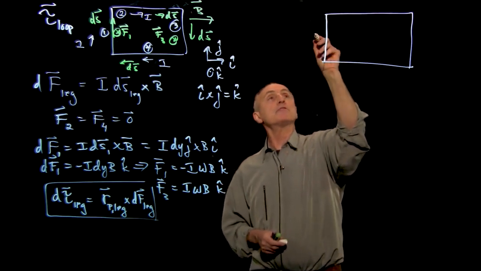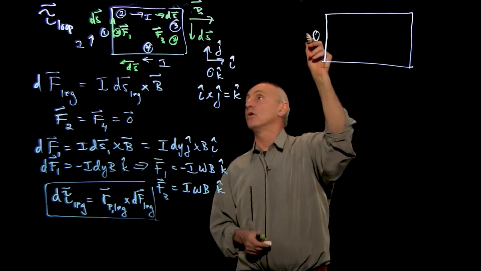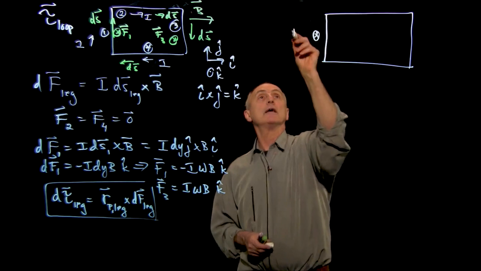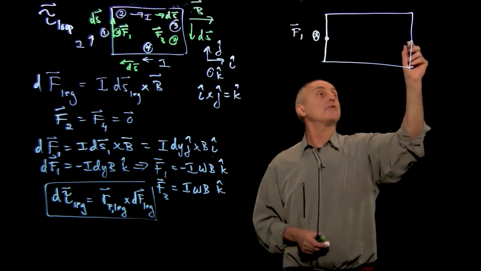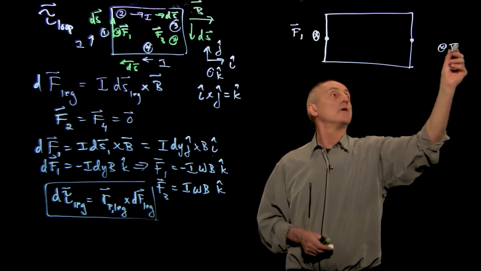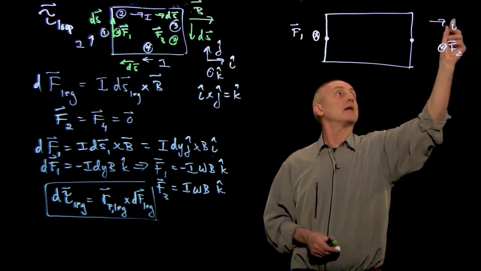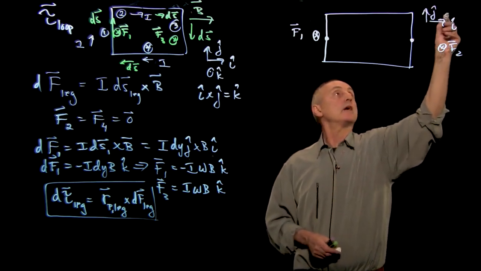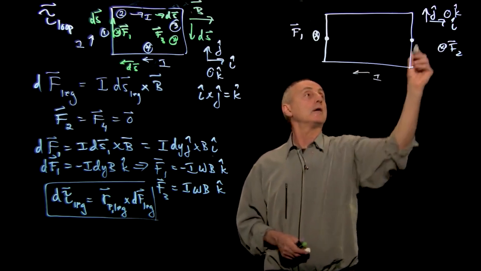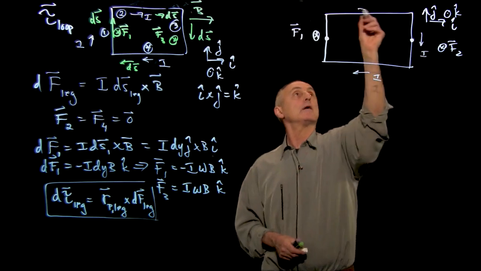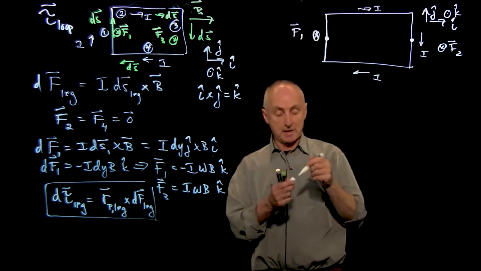Well, on this leg, the force we saw was into the plane of the figure. And over here, the force was out of the plane of the figure. We had i hat, j hat, k hat coming out. We had a current I in this loop.